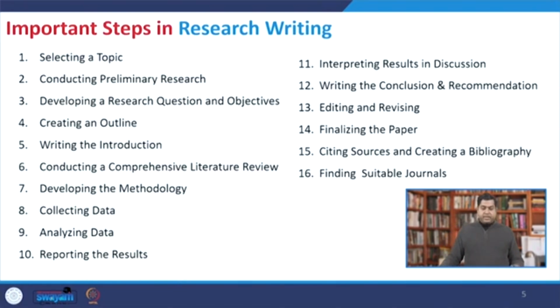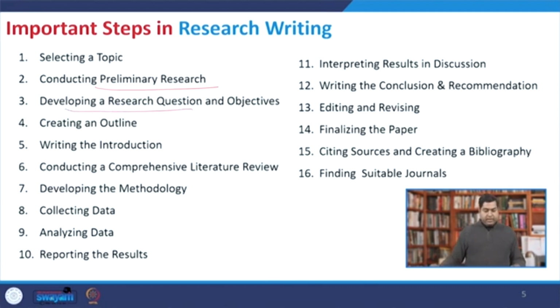Now important steps in research writing, how we start, what are the different steps. So step number 1 is the topic. You have to spend time to select the topic that you are going to work on. Next, once it is done, you have to do some kind of preliminary research, so that you get to know whether this is a new area, or it is the research gap where you can go ahead.